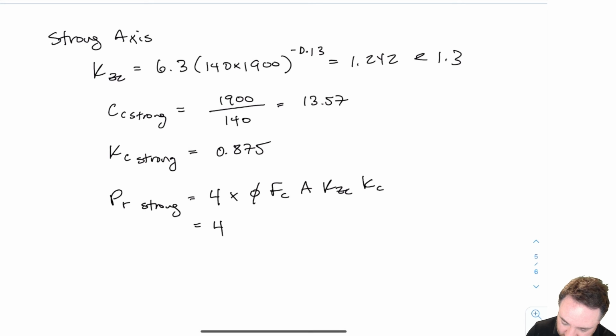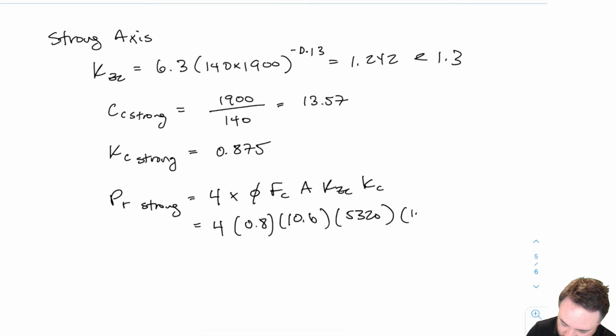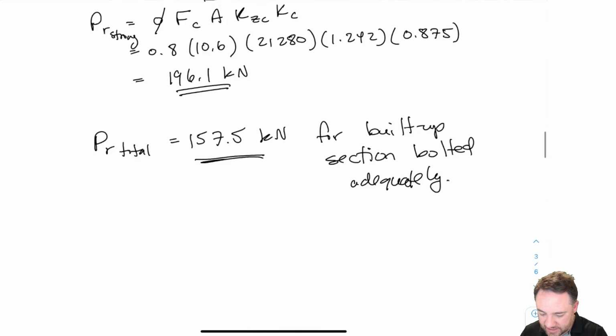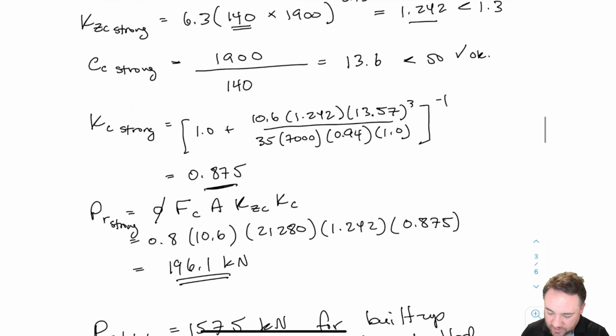So I get 4 times 0.8 times 10.6 MPa times A is 5320. KZC is 1.242, and my KC is 0.875. And I multiply that out, and I get 196.1 kilonewtons, which happens to be exactly the same number that I got for strong axis buckling up here, 196 kilonewtons, right here.